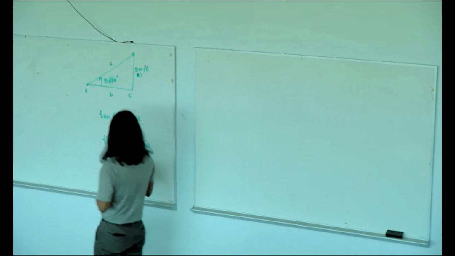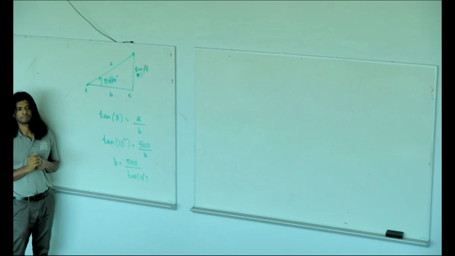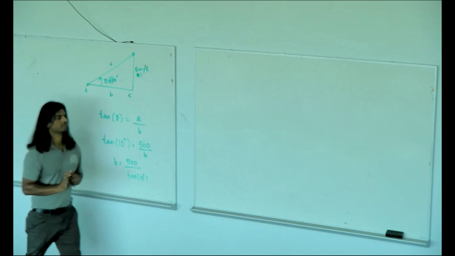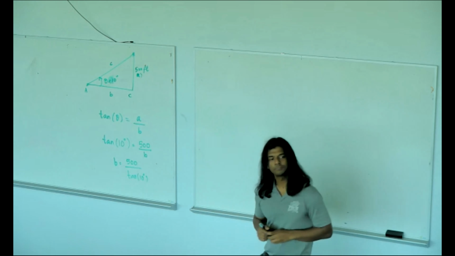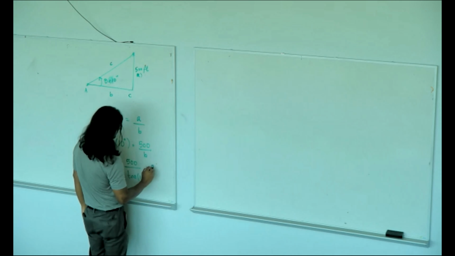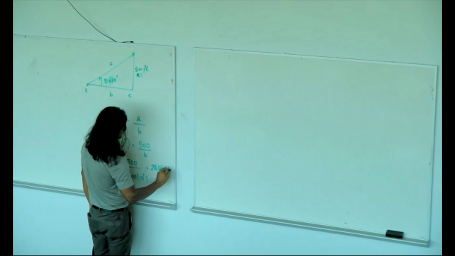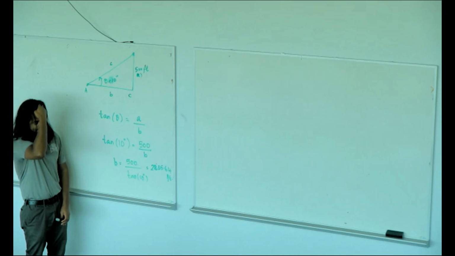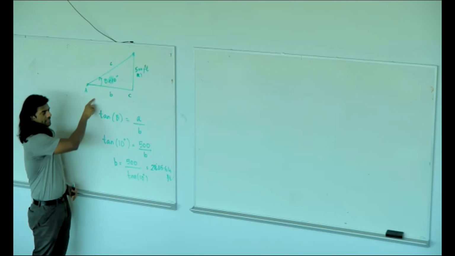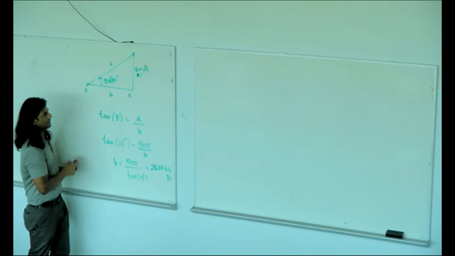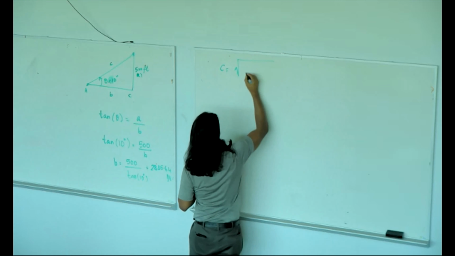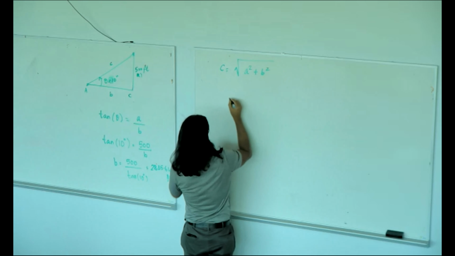What is it? I got 2835.64 feet. That is B. If you find B, you can easily find C. C is the square root of A squared plus B squared.